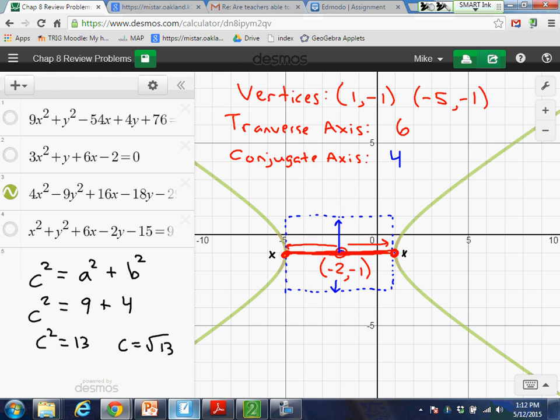And coordinates there would end up being one of the foci, the x value. We're basically taking our -2 and we're adding the square root of 13. And the y value is still -1. Right, and then this one out here, we are taking our x value and we are subtracting the square root of 13. And the y value is the same. Okay, so that's everything for the hyperbola.